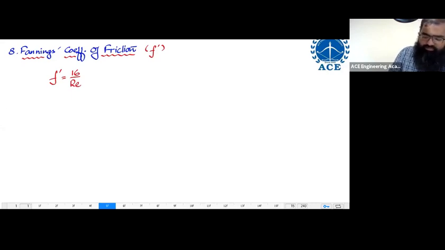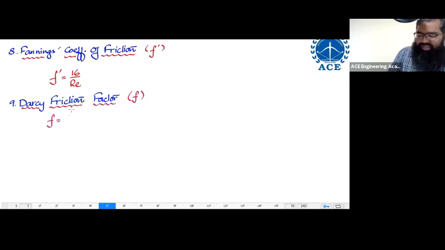Next thing is Darcy friction factor. This Darcy friction factor is represented by F. It is equal to 4 times F prime. Therefore, the value of F is going to be 64 by Reynolds number. The final formula is something which you have seen already.